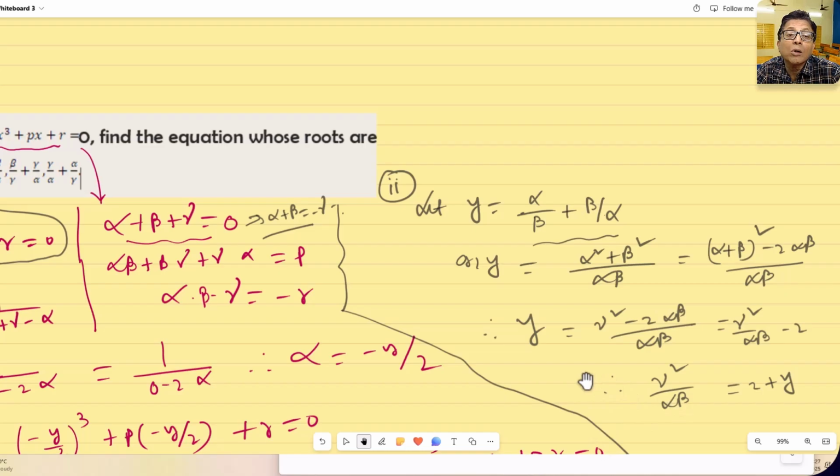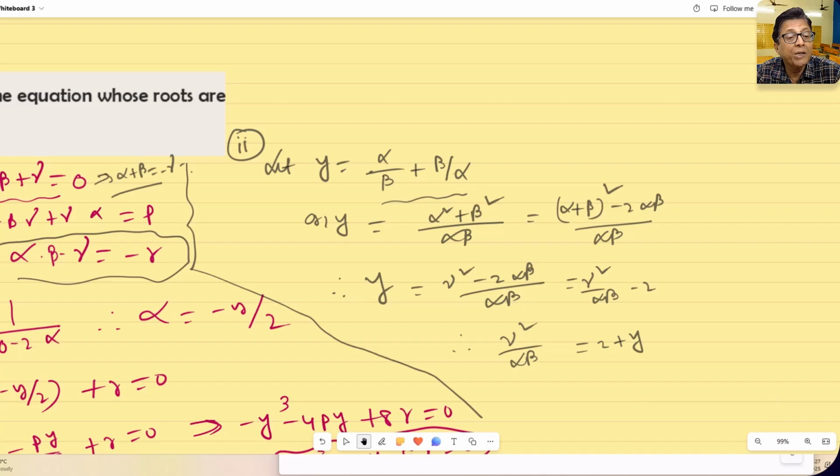But we haven't got gamma exclusively in terms of y. Alpha beta is there. I will be using the product of the 3 roots over there. What is alpha into beta? Alpha into beta into gamma is minus r. Put it there. Therefore, gamma square by minus r divided by gamma equal to 2 plus y.